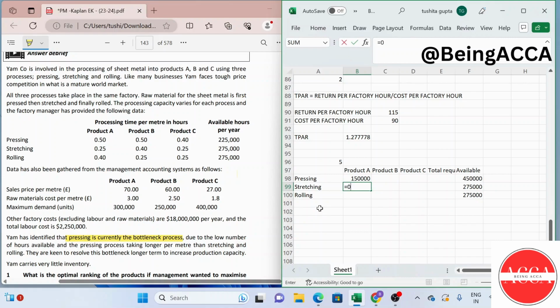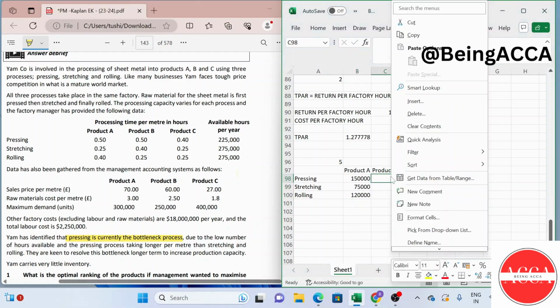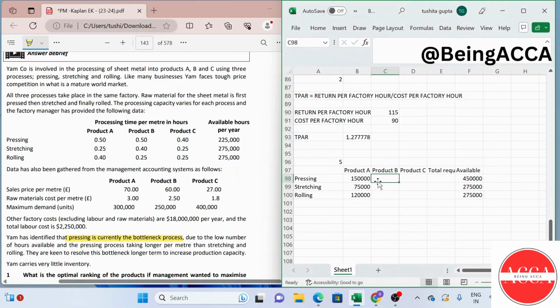Again, for stretching, this is 0.25 and the maximum demand is 300,000. Then I will go for rolling, which is 0.4 multiplied by 300,000. Then similarly, I will do the same calculations for product B. For product B, I have my maximum demand as 250,000.